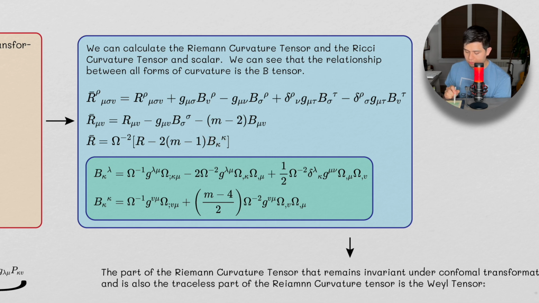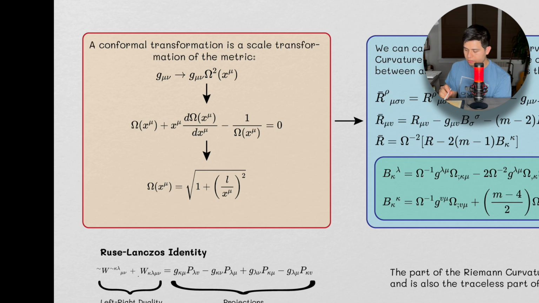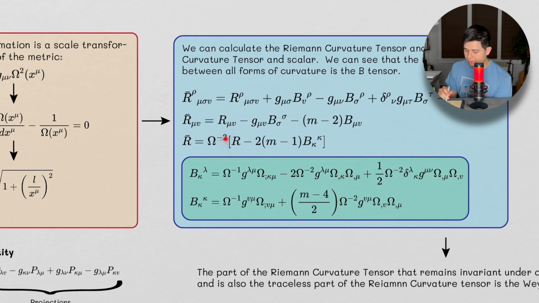That means that the conformally transformed Ricci scalar is just this times this, and that is analogous to this. The only exception is that this isn't positive, this is negative in this case. So you can see that right here.